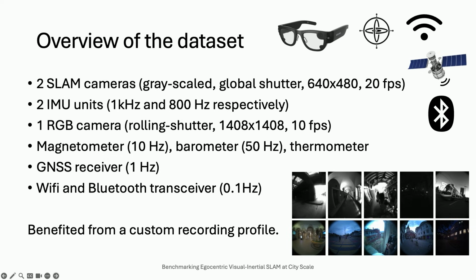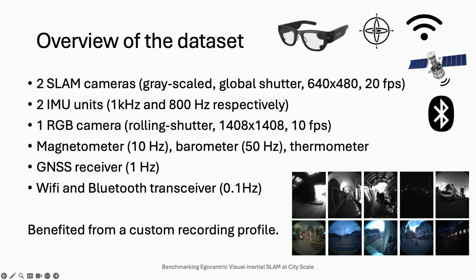Specifically, we have 2 SLAM cameras which are grayscale global shutter at 20 FPS, and also 2 IMU units at 1K and 800 Hertz respectively. On top of it, we have 1 RGB camera, which is unfortunately rolling shutter at 10 FPS. And because of the rolling shutter effect, modeling RGB can be quite challenging.